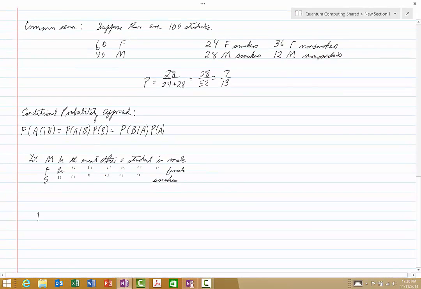So what we are trying to figure out here is P of M given S. Now, if you look at our general formula, this implies that P of A given B is equal to P of A and B over P of B. So using that formula, the probability that the student is a male, given that the student is a smoker, is equal to the probability that the student is a male and a smoker divided by the probability that the student is a smoker.